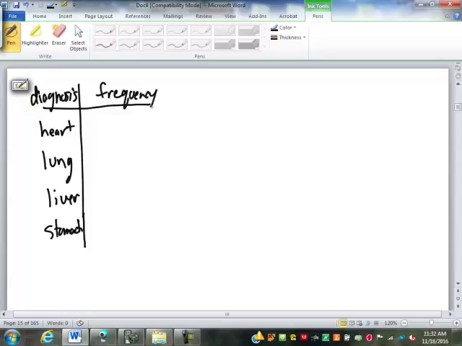Frequency just means the number that fit into each of those categories.